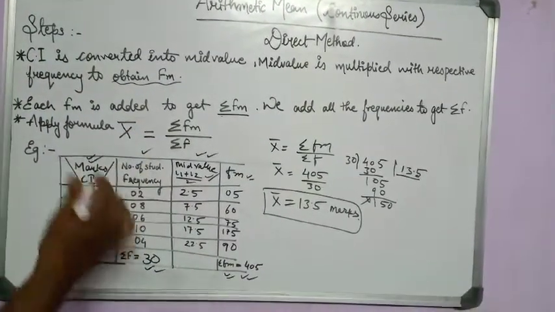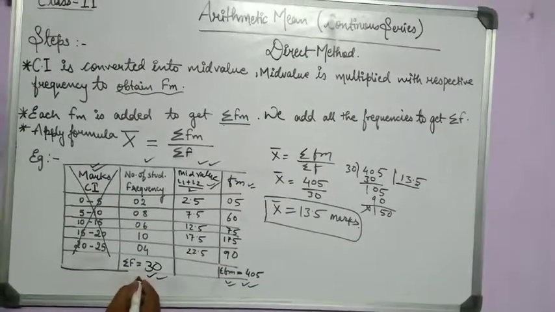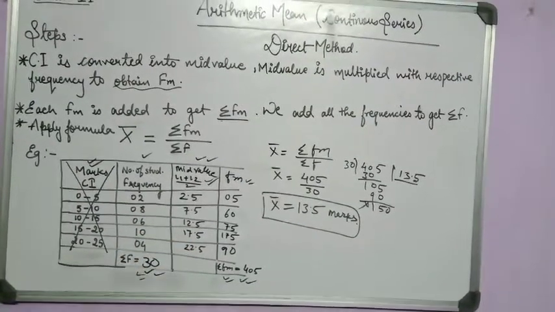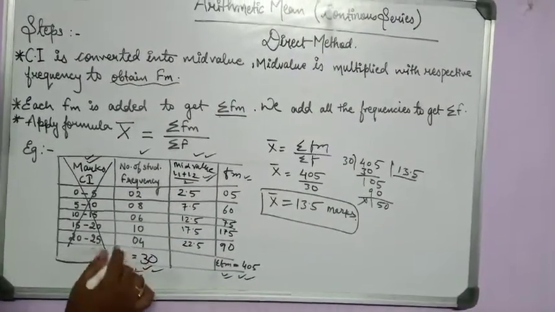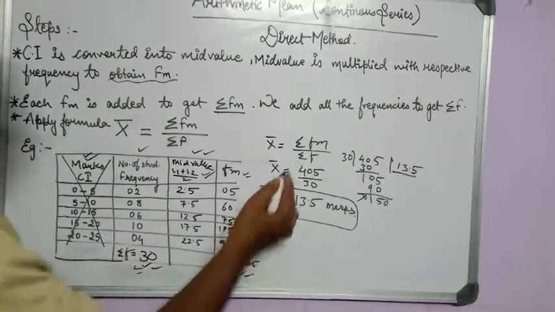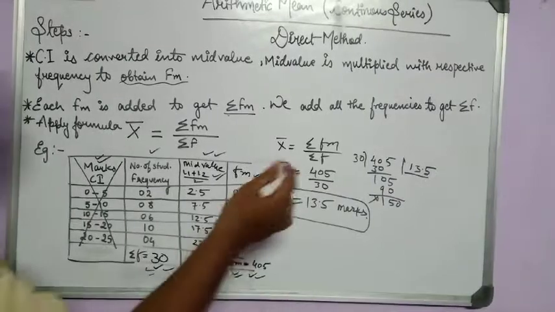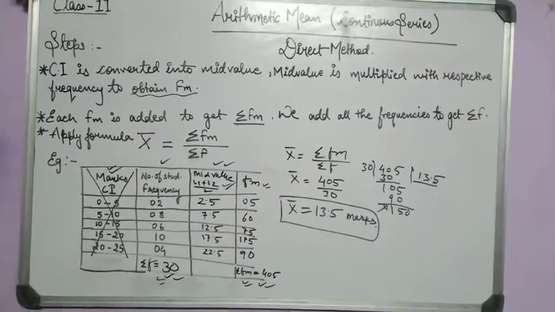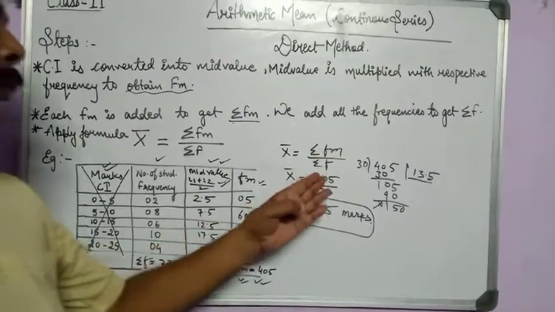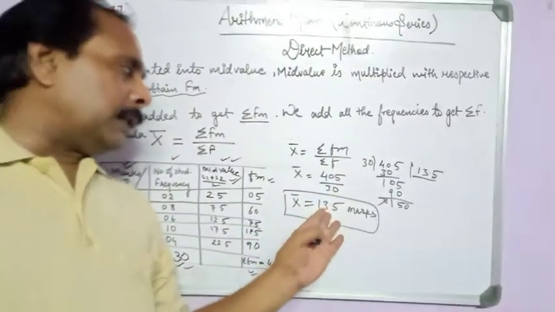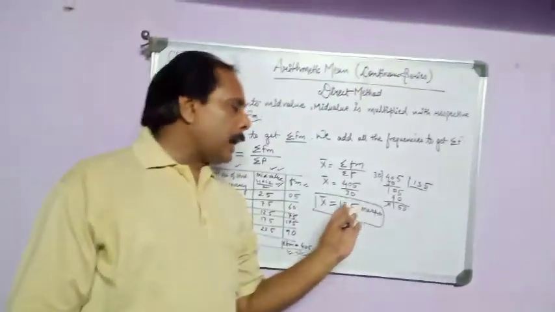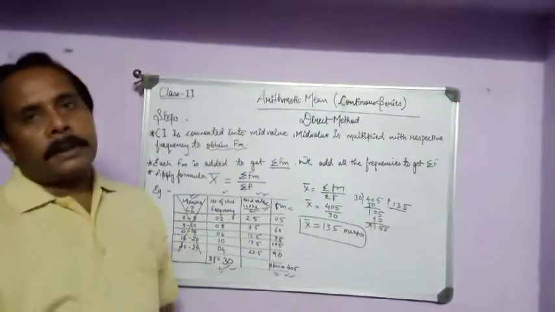Now we will add all the frequencies to get the sum of f. So the formula is sum of fm divided by sum of f. So 405 divided by 30 is 13.5. So our arithmetic mean is 13.5.